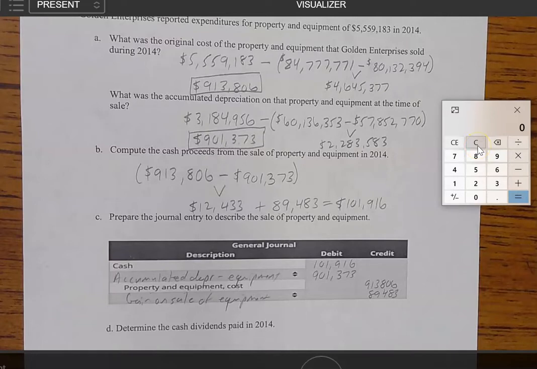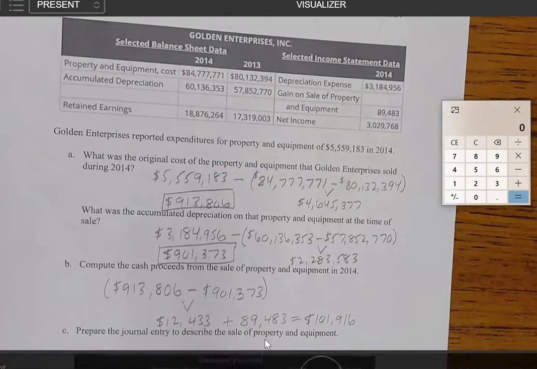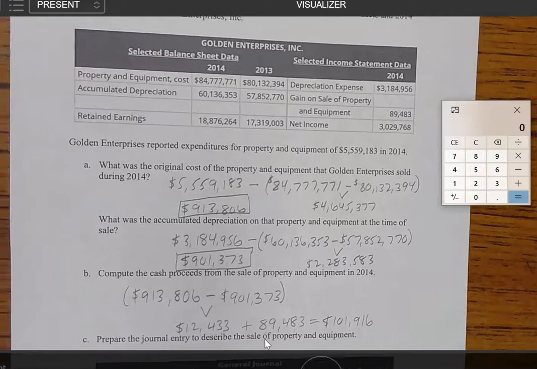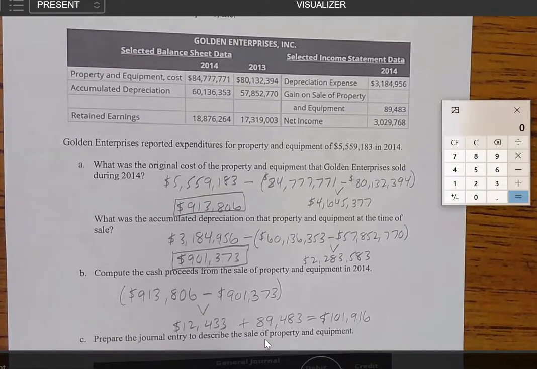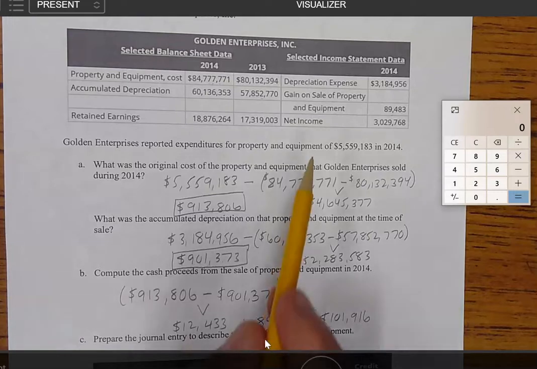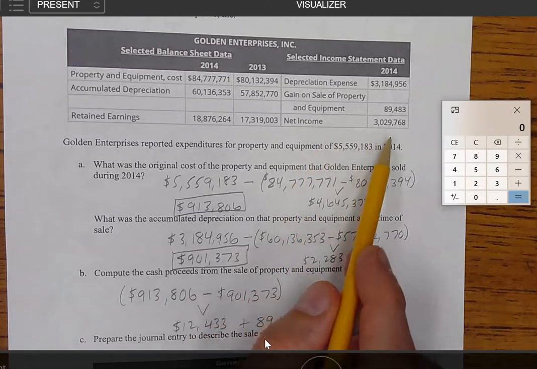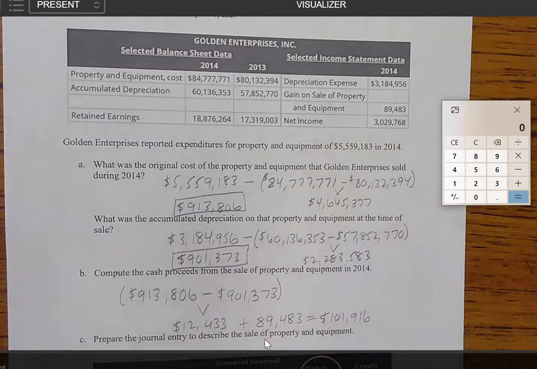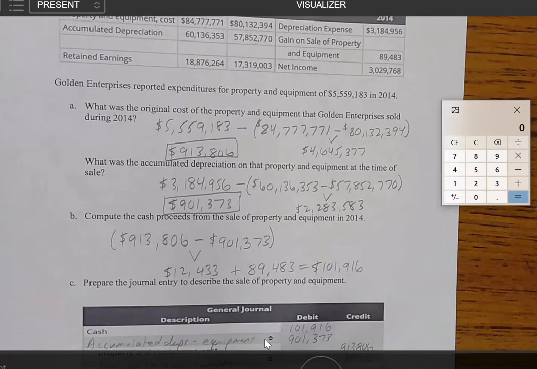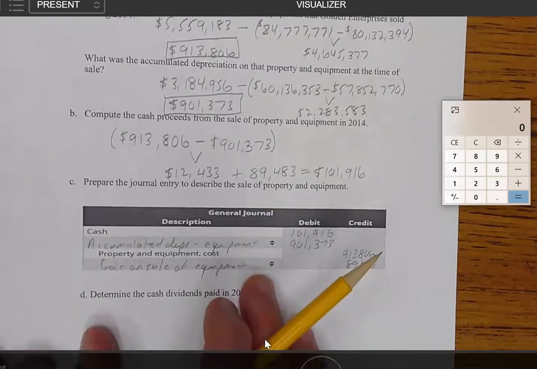We do have one more requirement on this question. It says determine the cash dividends paid in 2014, and we can do that rather easily because they've provided us really everything that we need. We have net income of $3,029,768.